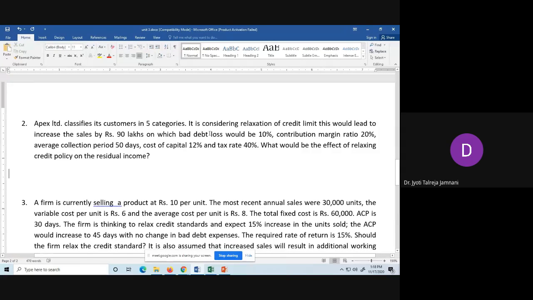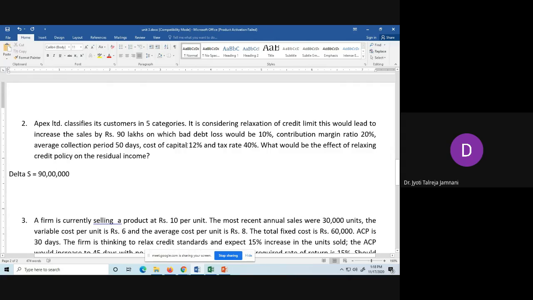So the question is shortened here. Everything is not given in detail. Category 1, how much this, that. So directly, it is considering relaxation of credit limit. This would lead to increase the sales by rupees 90 lakhs. So here, your delta S will be equal to 90 lakhs.